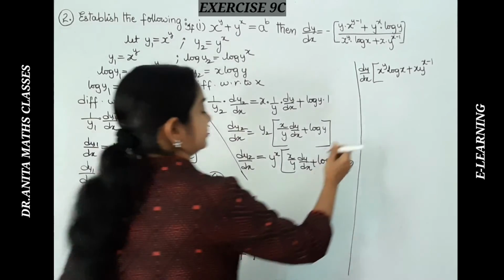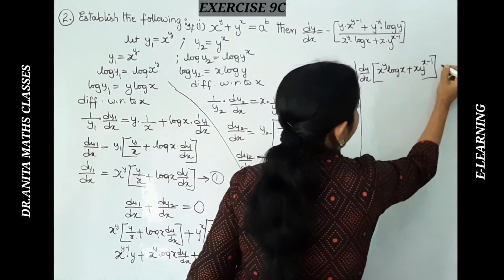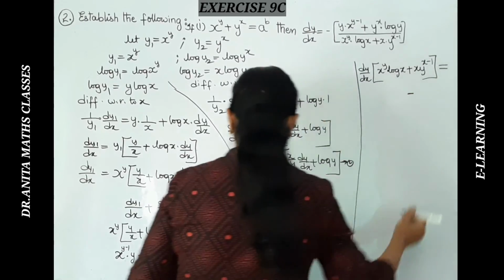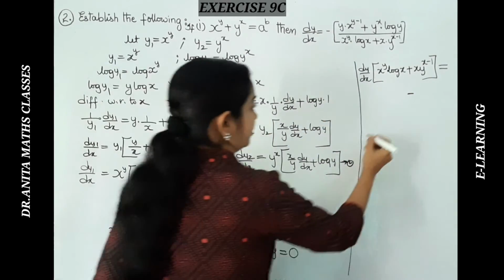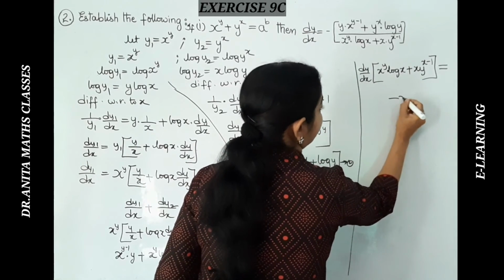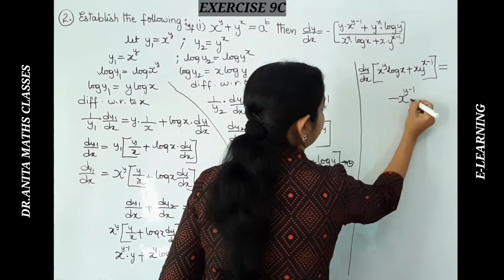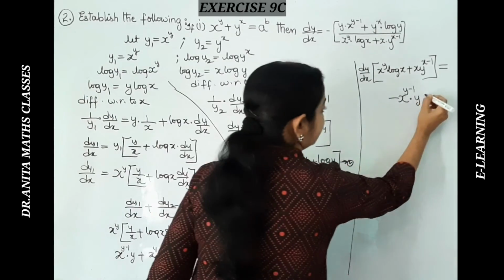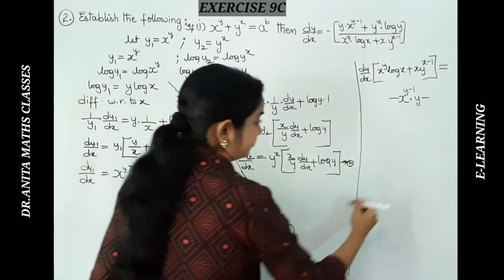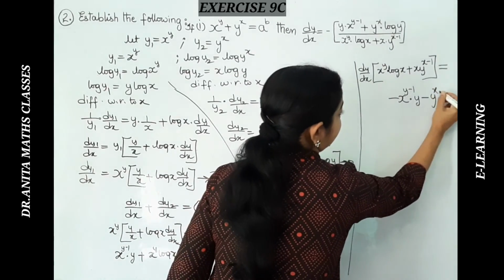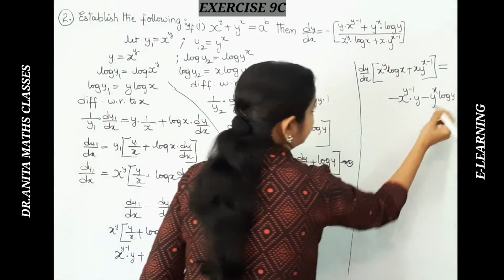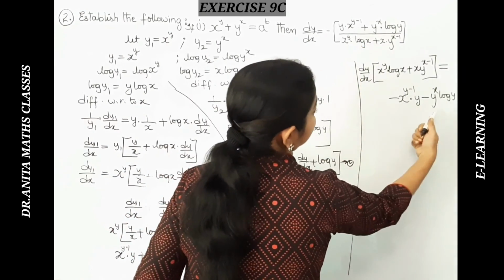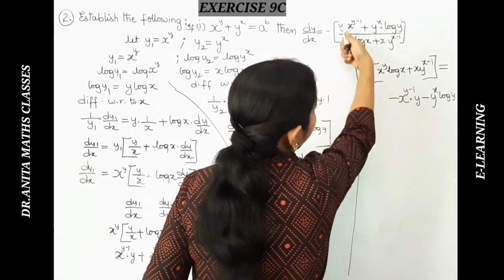to the other side. So since there is 0 here, so if you are keeping is equal to, this becomes minus, because these two, I'll write it here, minus x raised to the y minus 1 multiplied by y, and this part is minus here y raised to the power of x multiplied by log y here, right? So that's what we got here. Yes, this part we got here.